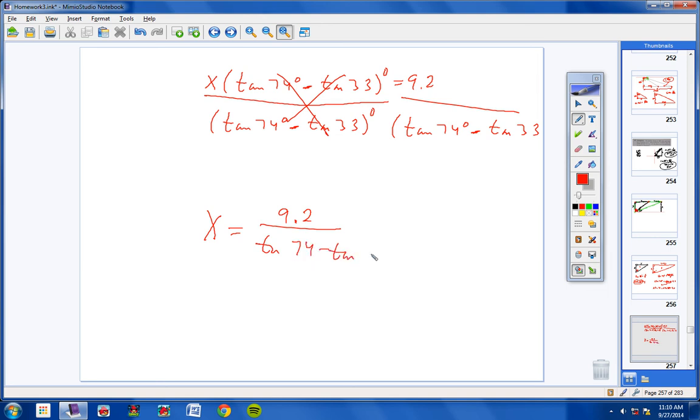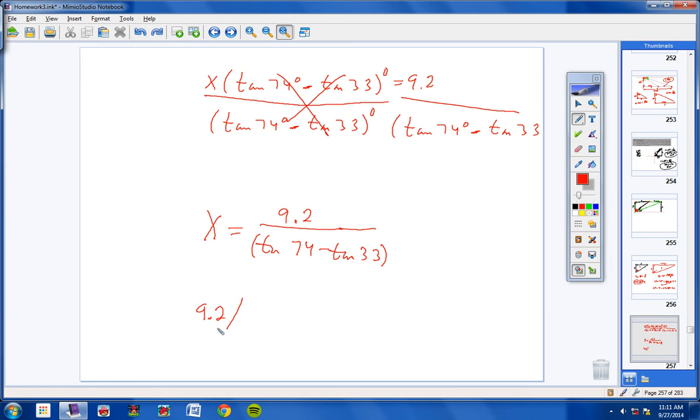minus tangent of 33. Now students, I want to warn you, when you type this into your graphing calculator, be really careful, okay? Because I made this mistake the first time I did it, so watch carefully. You'll want to type into your calculator 9.2, then divide it by, then hit parentheses, first of all, students, because you're going to put two terms in your denominator.